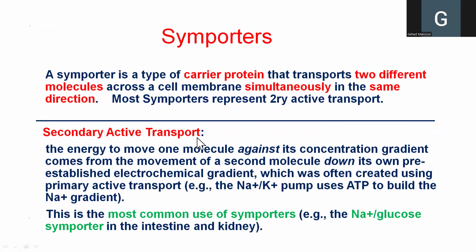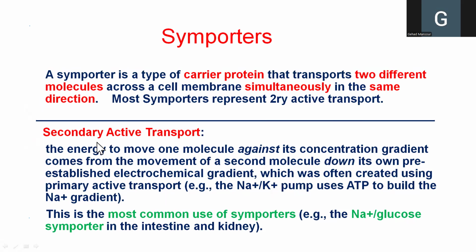So in secondary active transport, the energy to move one molecule against its concentration gradient, which here is the glucose molecule in our symporter, comes from the movement of a second molecule down its own pre-established electrochemical gradient created by a primary active transport.